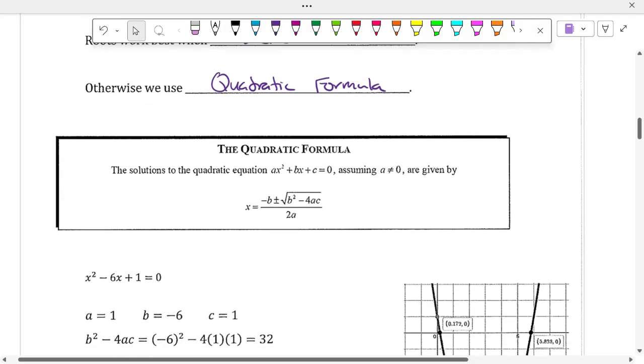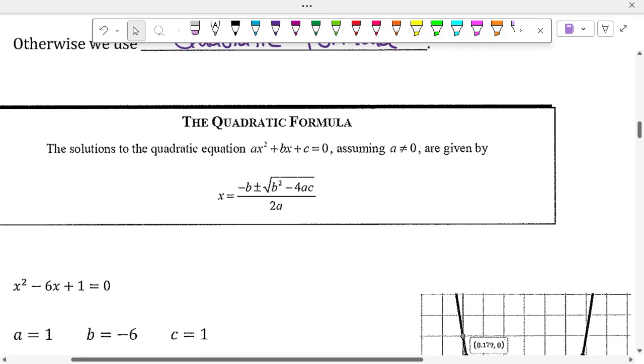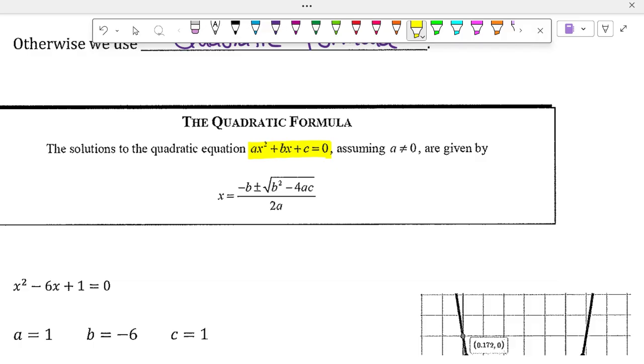All right. So we always start with ax squared plus bx plus c equals 0. You always got to start with that. Now, you have to remember this. This is the quadratic formula. You will see this so many times in high school. You will see it in Math 3 again. You'll see it in whatever other class you take.